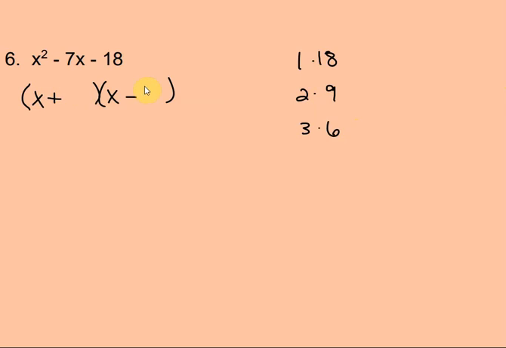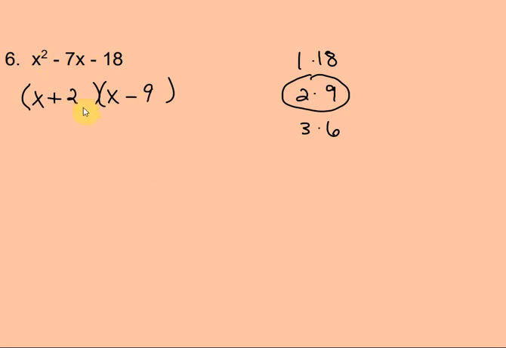Since my signs are different, then I know I'm going to be subtracting. So which one of these factors would subtract to give me 7? 2 and 9. Okay, so remember when they're different, then this tells me the sign of the bigger number. The bigger number is 9, so that means the 9 needs to be negative, and the 2 is positive.